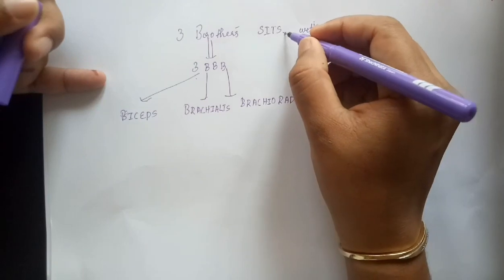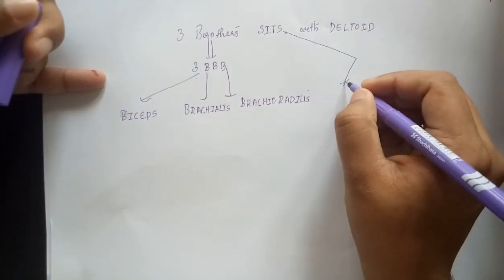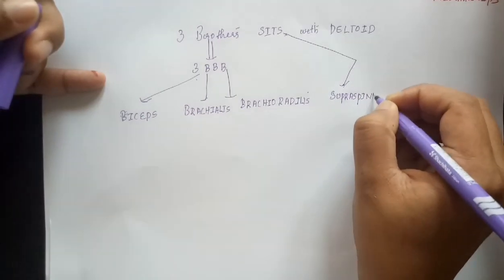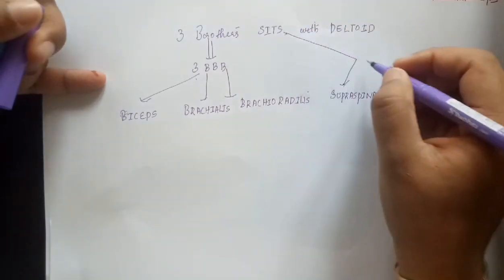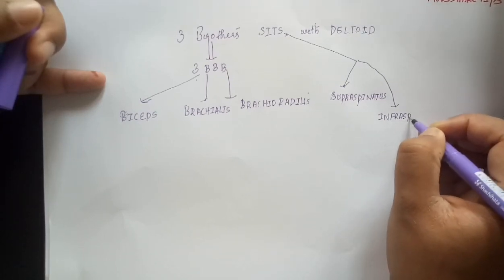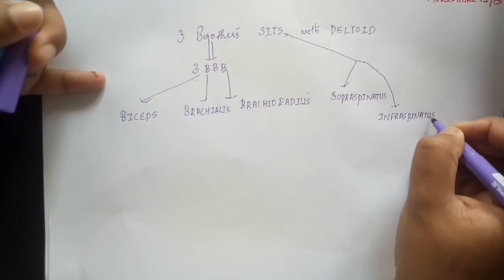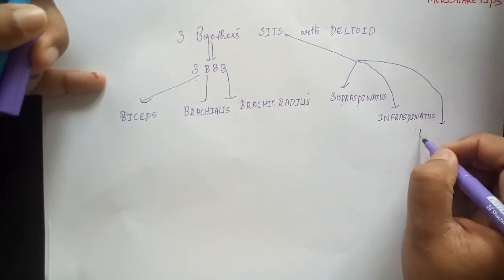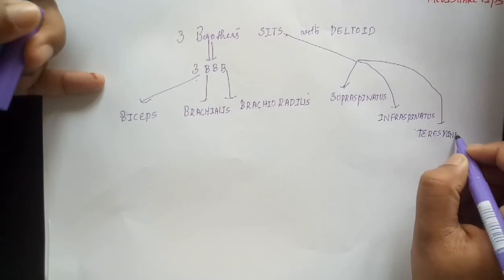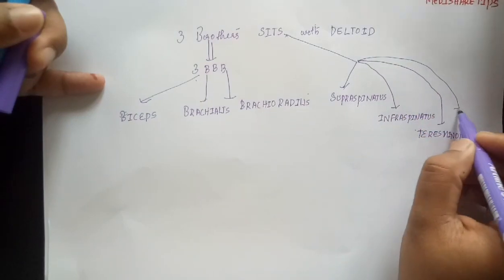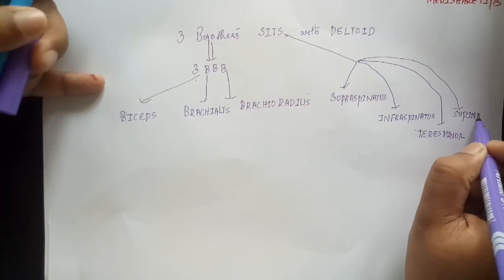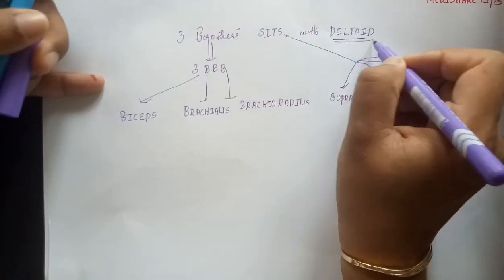And S I T S includes supraspinatus, I stands for infraspinatus, teres minor, and supinator. And the important muscle is deltoid.